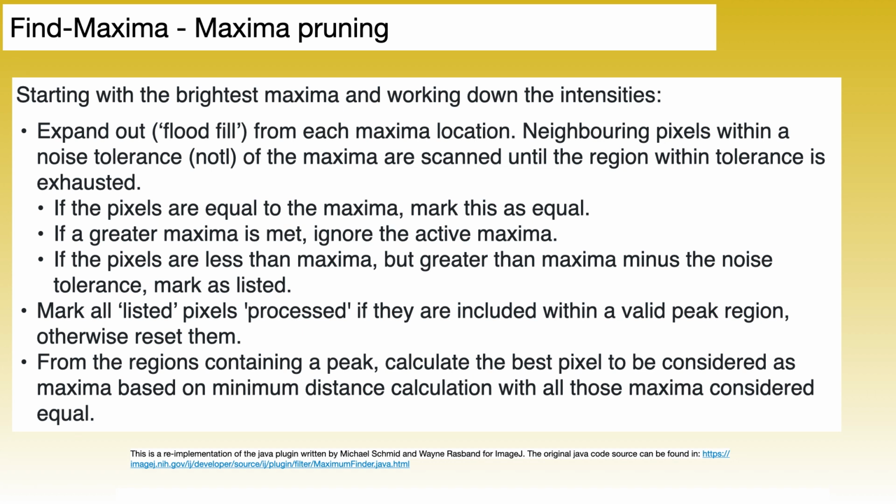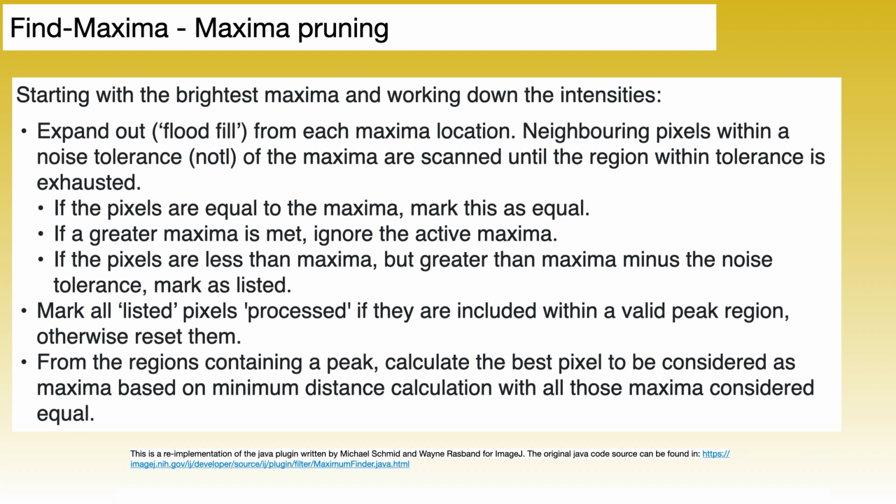And we scan all of the pixels within this tolerance. So if our peak had an intensity of 90, then we'd scan all of the pixels connected to that peak within 30. If our peak is 90 and our noise tolerance is 30, we basically go down to 60 in terms of intensity, so that's our 90 minus our 30.